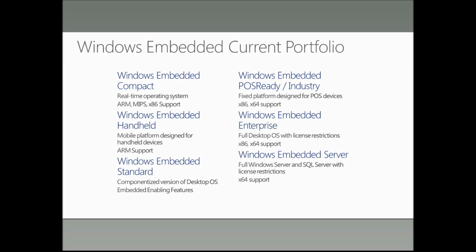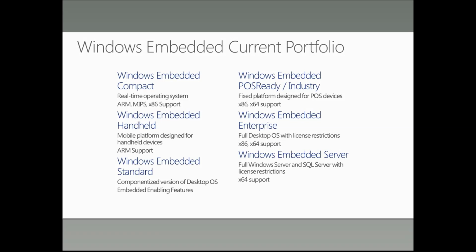Then we have Windows Embedded Standard, which is the successor of Windows XP Embedded. The standard line of products takes a major version of Windows, be it XP, 7, or 8, and builds a tool to help you create your own operating system image through the components of Windows. So we componentize Windows, we add specific embedded features, and we build a tool that allows you to create your own image based on Windows.